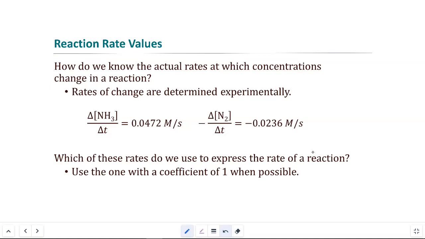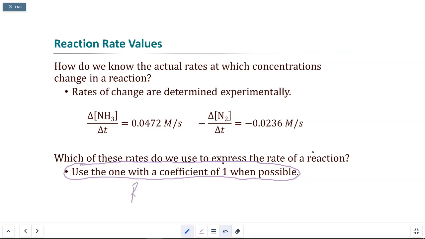the answer to that one is this. If one of these is expressed in the balanced chemical equation with a coefficient of 1, that's the one that we should use. If not, then we just do our best. We convert by dividing whichever one we want to do.